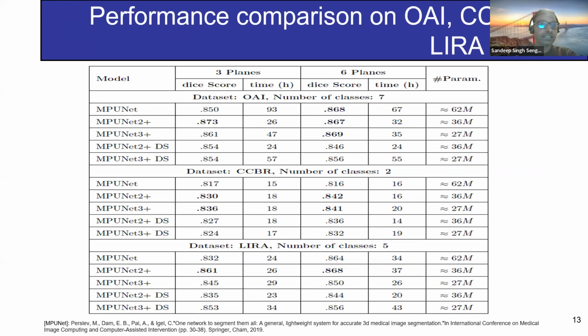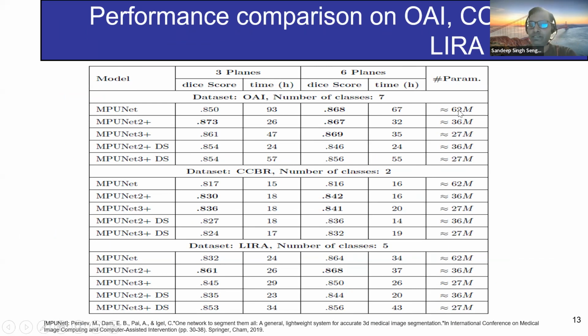And these are the results. Our results are significantly better than the previous ones, for all 3 datasets, as you can see here. We have shown only the 3-plane and 6-plane results. The 1-plane result we are not showing because it was not good.